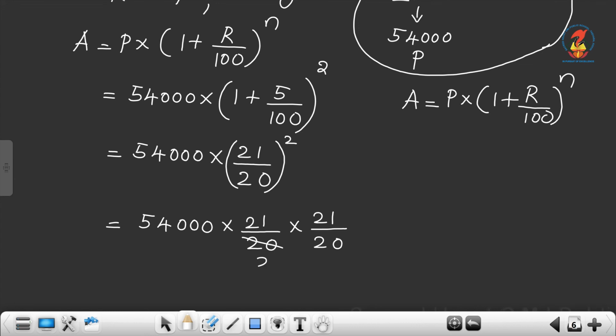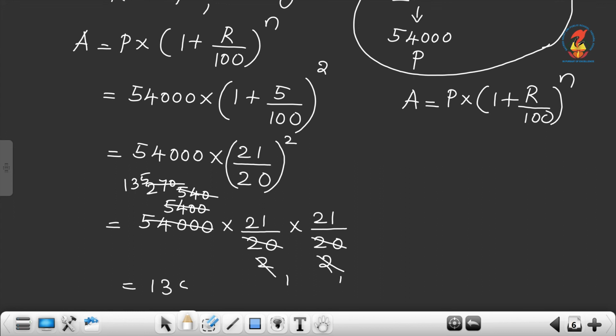Now, using 10 we can cancel, 5,400, then again with the 10, 540, with the 2, 270, again with the 2, 135.